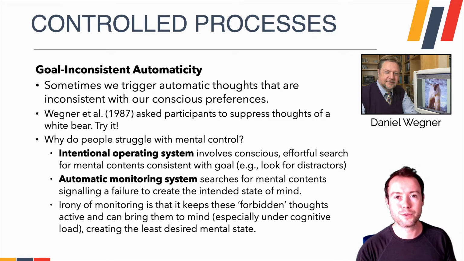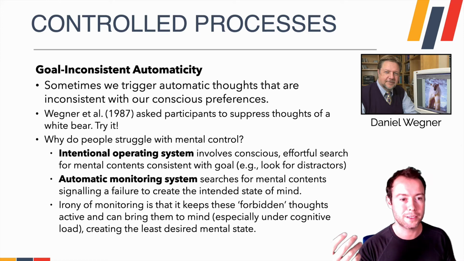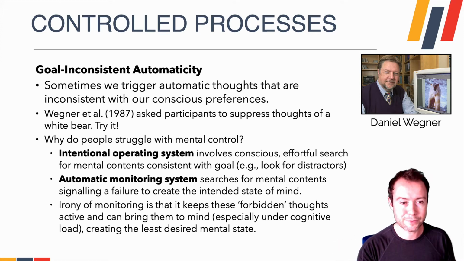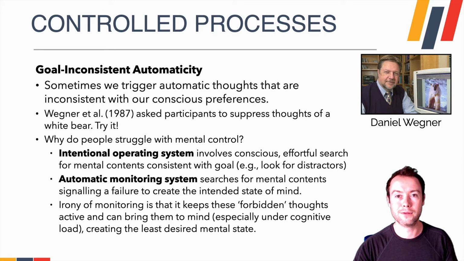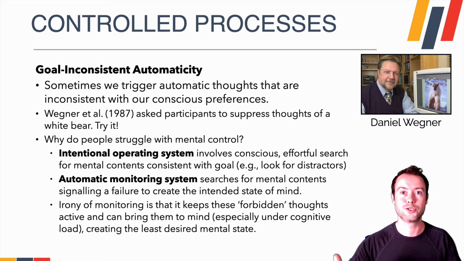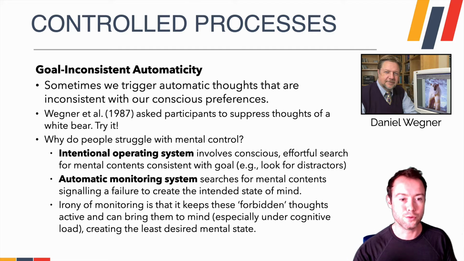For example, if you're trying to suppress thoughts of a highly craved snack food, then we might seek out other less dangerous thoughts to distract ourselves. So we intentionally and effortfully direct our attention towards other cues or other ideas we put in our minds.